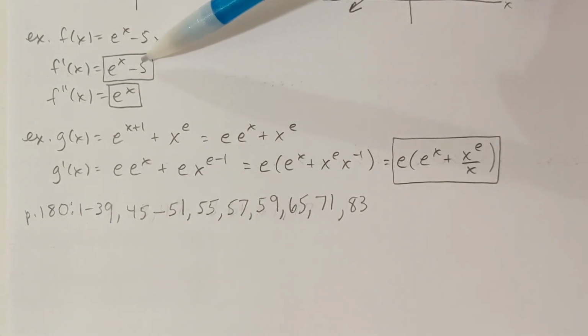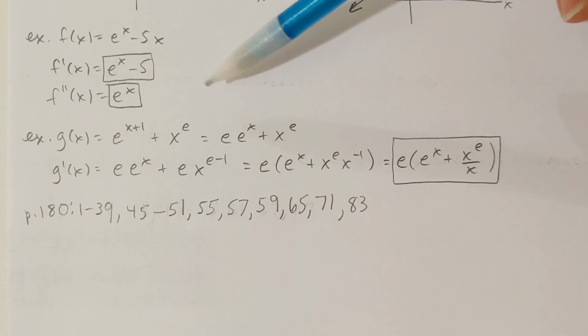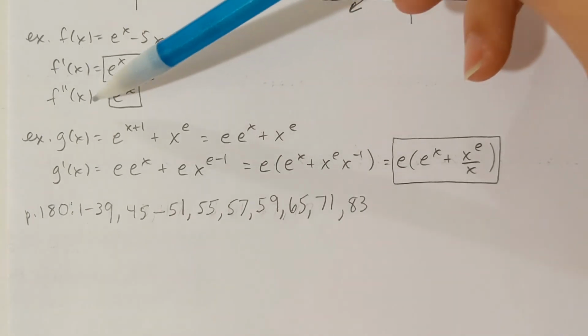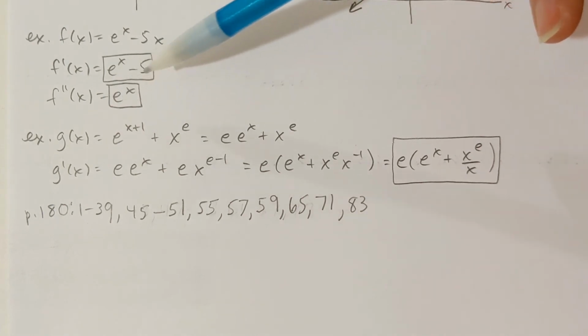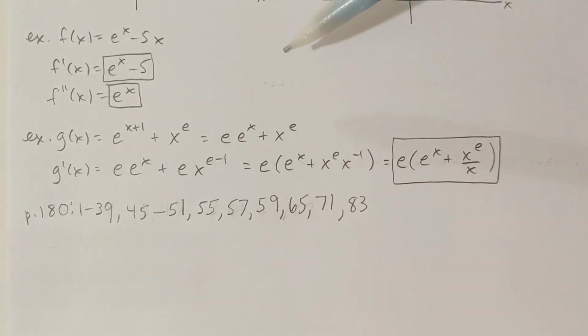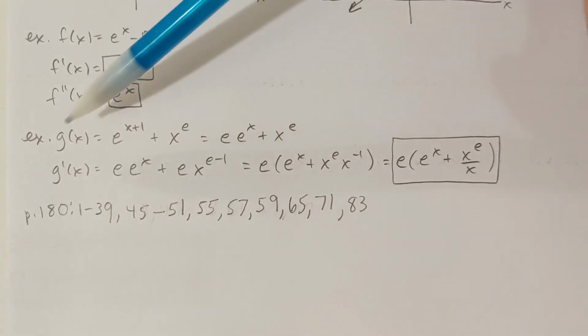The derivative of a constant is always 0. How about the third derivative? Well, that'd be e to the x. The fourth derivative, that'd be e to the x. So any higher order derivative that you compute after the second derivative would always produce e to the x, right? Because the derivative of e to the x is itself e to the x. So the 100th derivative of f would be e to the x.